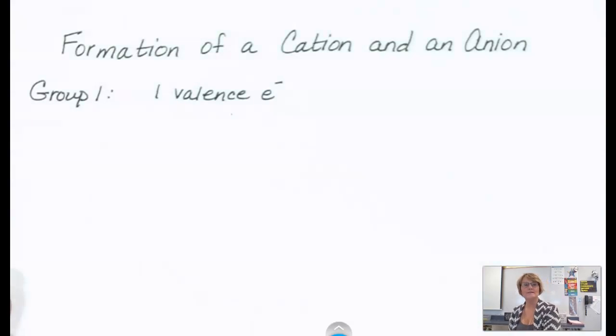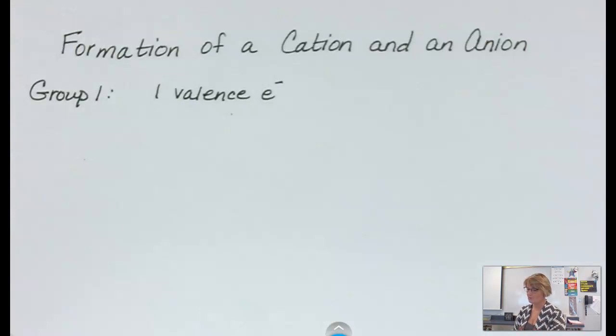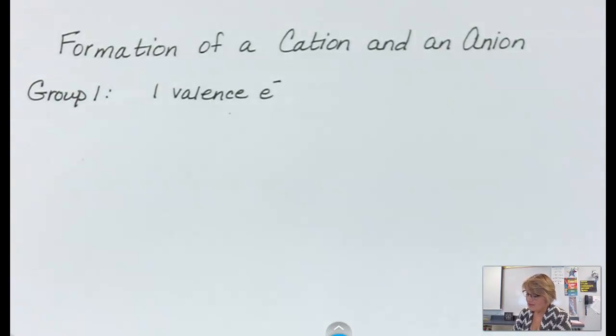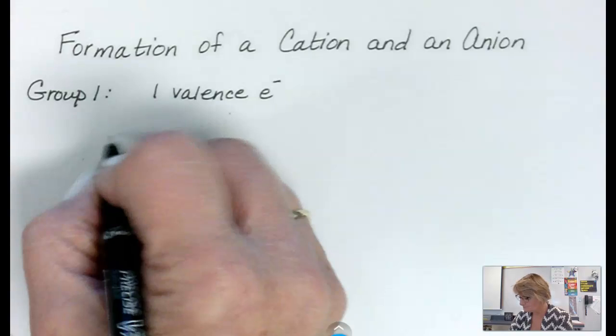Since they have one valence electron and they want to get to 8, they want an octet. In order to be full, they want to either look like the noble gas before them or the noble gas after them. So it would be easier for them to lose one valence electron than try to gain 7. Let's just take lithium as an example.